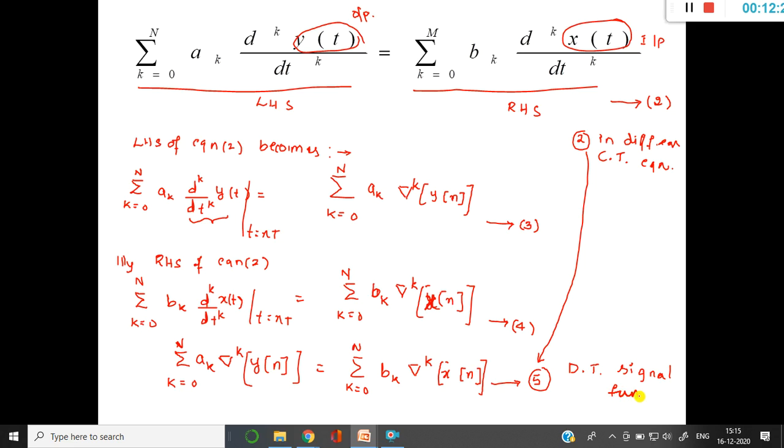So the continuous time function is represented in the form of a discrete time function. This is the first major step that we are supposed to do. Once we have this discrete signal, it is very easy for me to convert it into h or h of z.